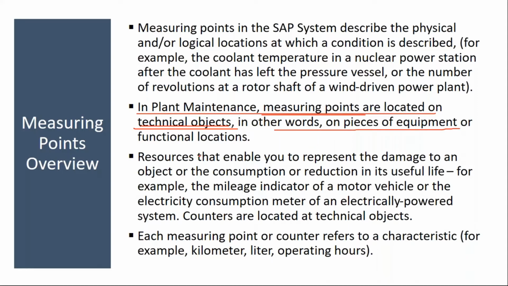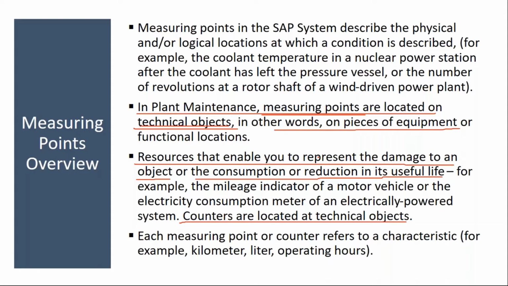Now at the same time you have the counters also. Resources that enable you to represent the damage to an object or the consumption or reduction in its useful life. So these are called counters. Counter means the value will keep on getting accumulated. Suppose if you are measuring temperature, today you take the temperature, tomorrow the temperature will be different. But let's say you are measuring the odometer of a car.